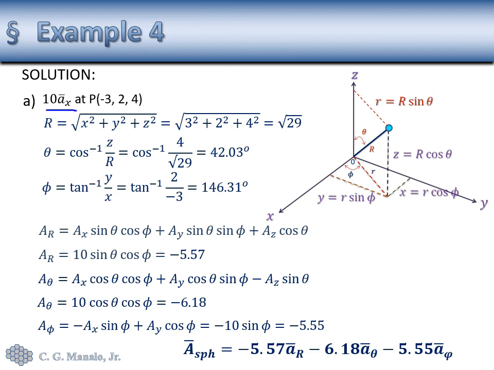So what is the spherical equivalent at this point? To do that, we need to first compute for the coordinates r, theta, and phi, given the coordinates in Cartesian. So using this representation, we can derive those spherical coordinates. So we have these answers.